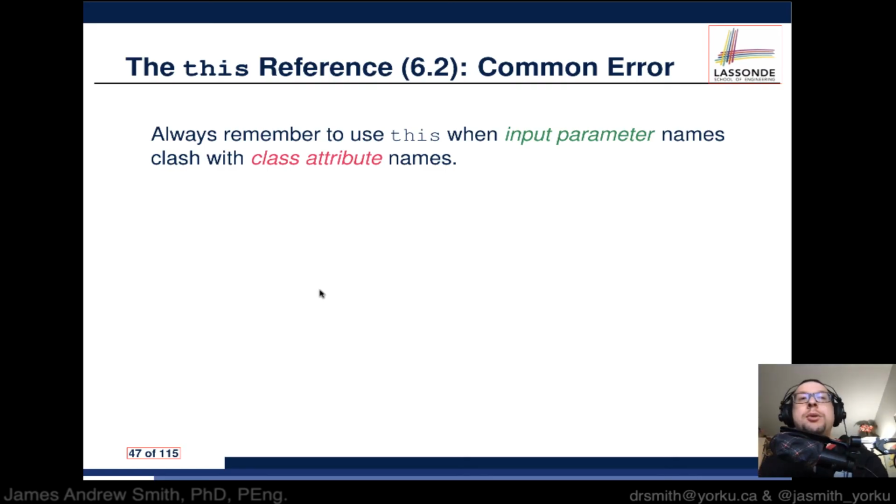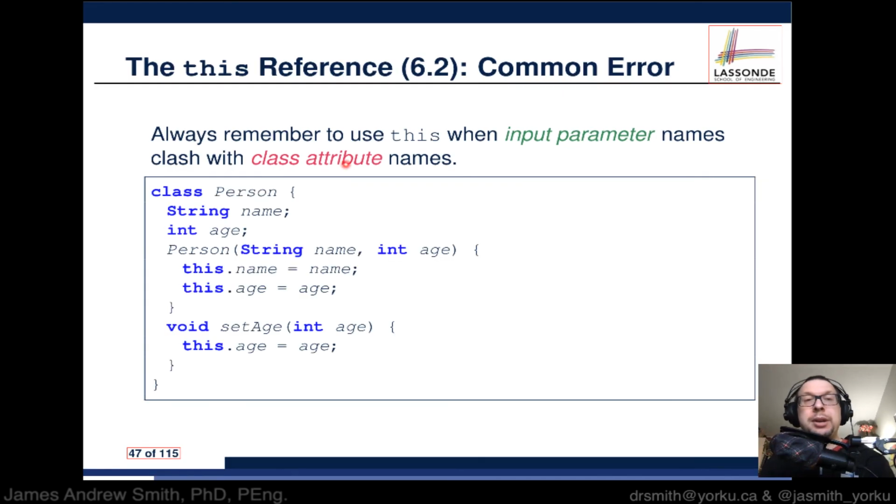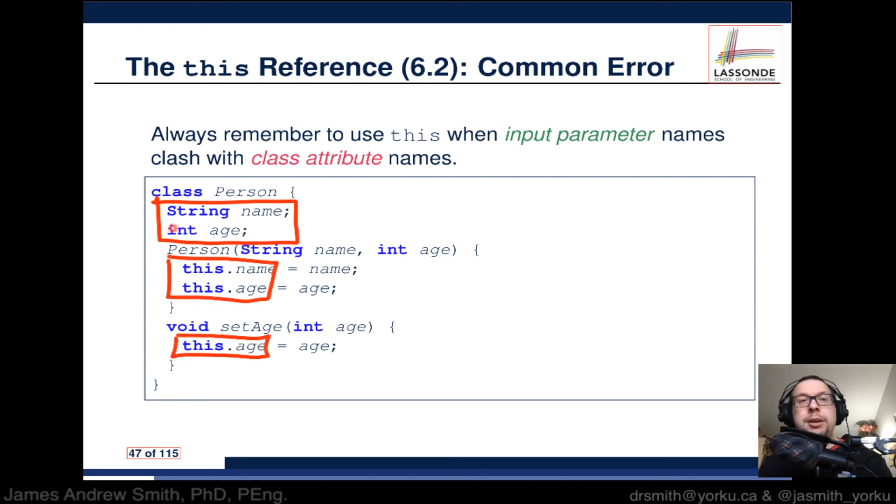Okay, so always remember to use the this when input parameter names clash or are the same as the class attributes or the internal class variables. So here's the example right here. These are the internal variables, and we want to make sure that we use this in that case.